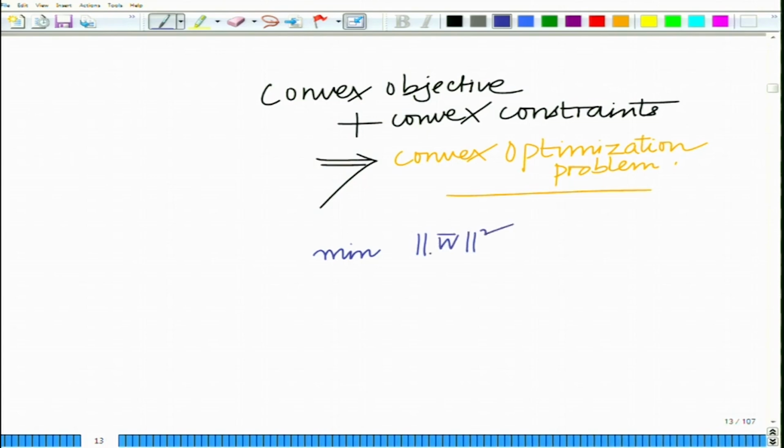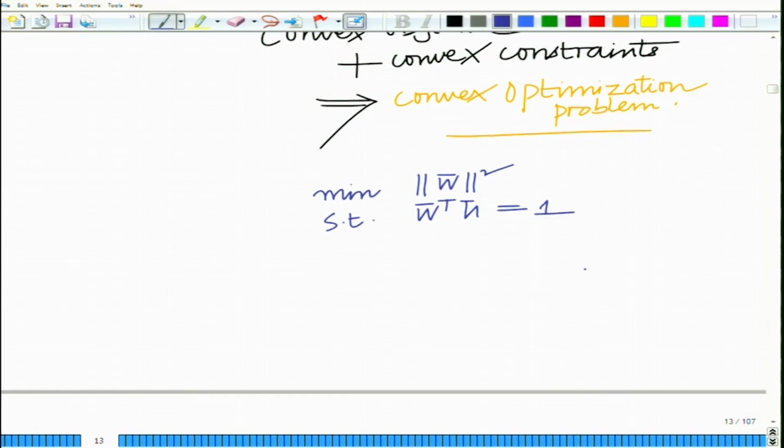So, I am going to simply minimize norm w bar square subject to the constraint w bar transpose h bar equals 1. What I am now going to do is something that you must have seen in an early course on calculus, that is, to solve a constrained optimization problem, one needs to use a Lagrange multiplier. So, I am going to form, and by the way, norm w bar square equals w bar transpose w bar, which is basically f.